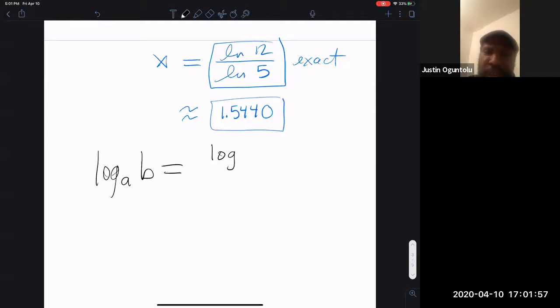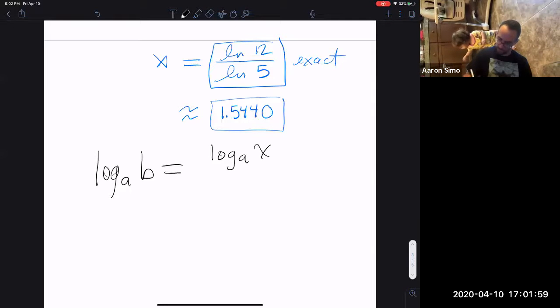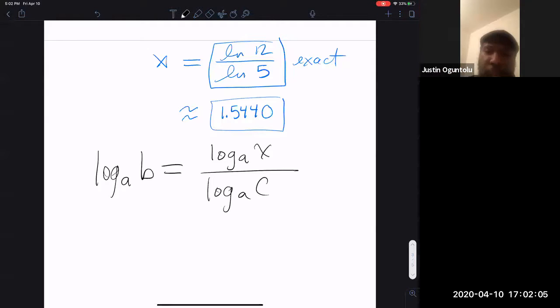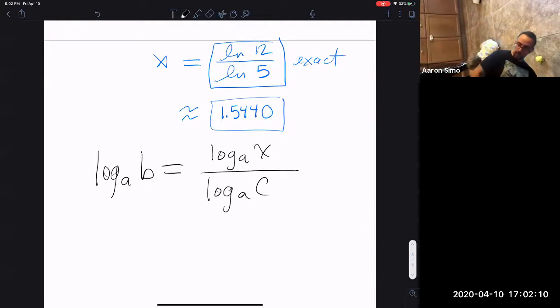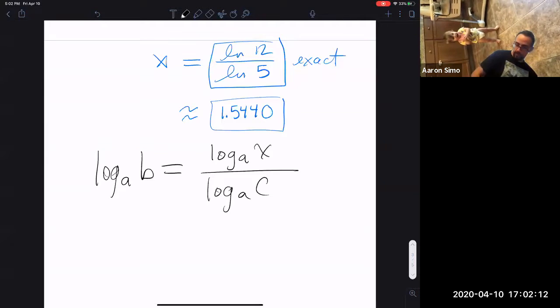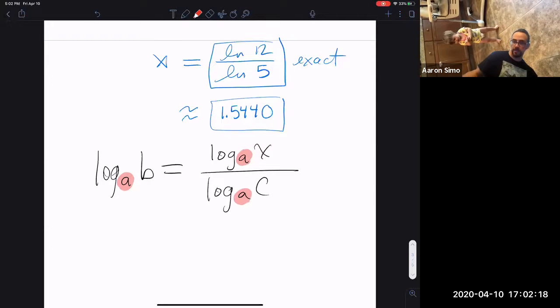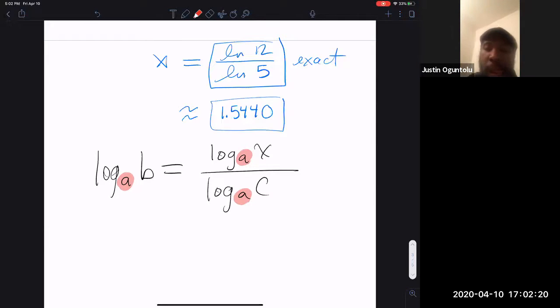Well, you didn't change the base because the base is the same. This is base A, this is base A, this is base A. The point is you're trying to change the base.